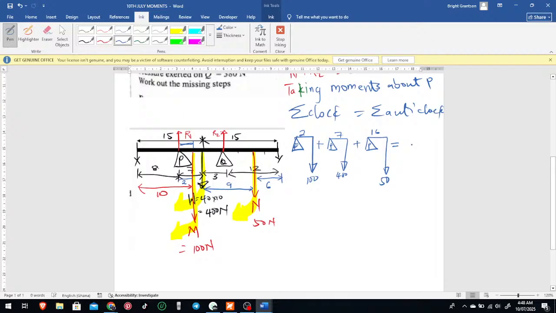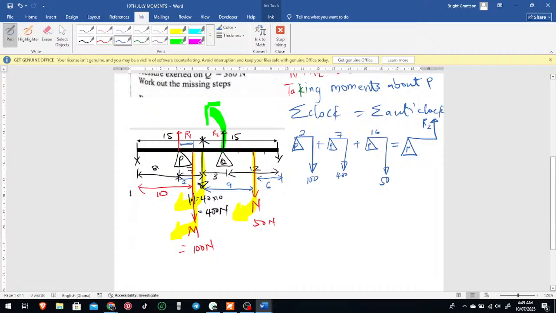That will give you the anti-clockwise moment from P to the upward R2, because this one moves upwards, so it will move the whole beam in an anti-clockwise direction. The ones which are moving downwards will move the whole beam in a clockwise direction.